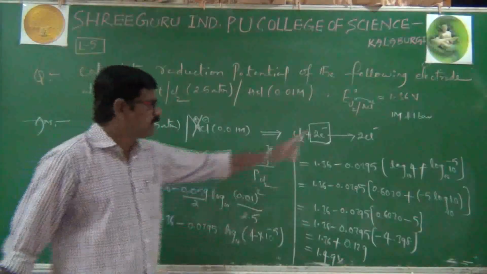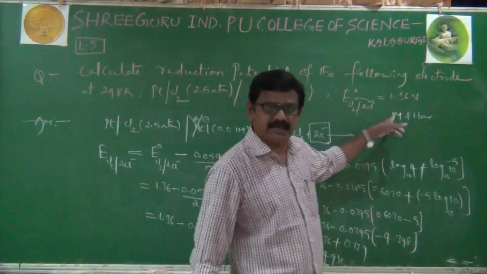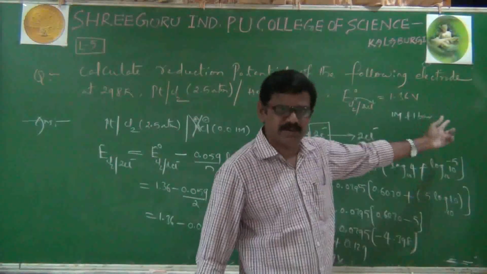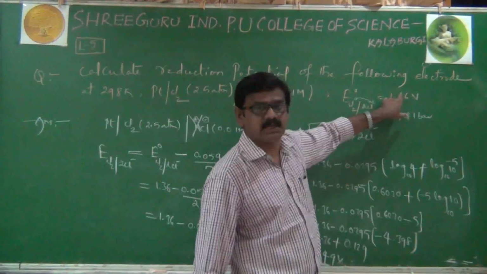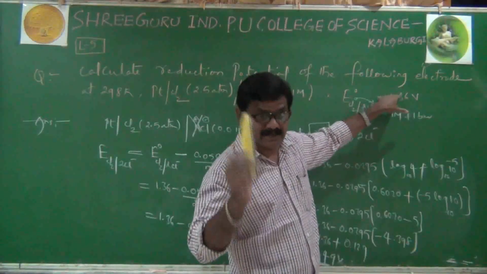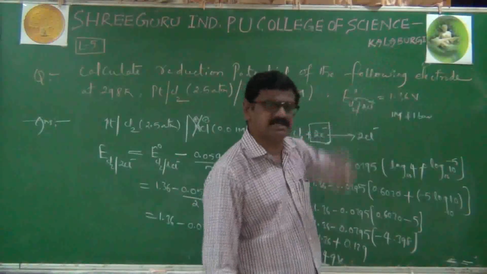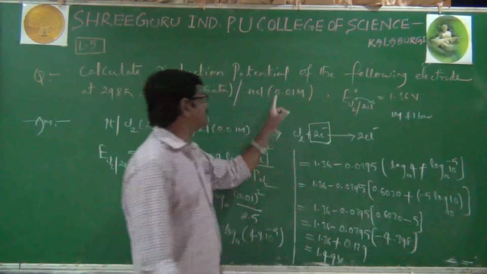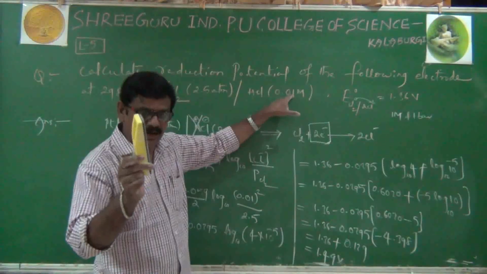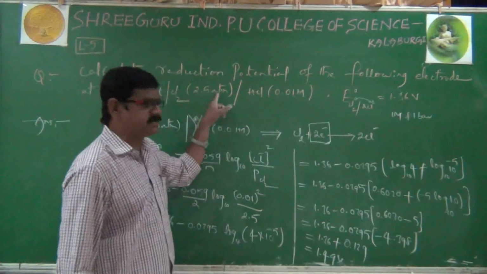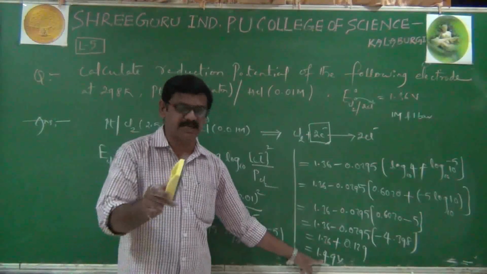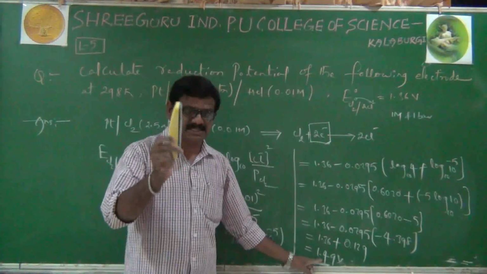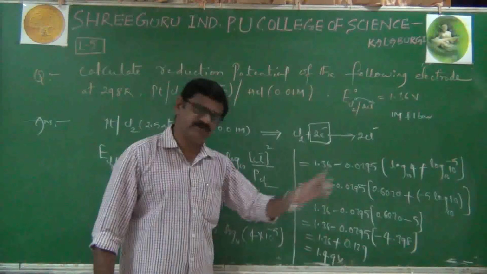Means, if you maintain 1 molar concentration as well as 1 bar or 1 atmosphere pressure as far as chlorine, then obtained electrode potential, obtained reduction potential value is 1.36. Suppose if you maintain 0.01 molar concentration and 2.5 atmospheres pressure, obtained electrode potential value, nothing but obtained reduction potential value is 1.49.